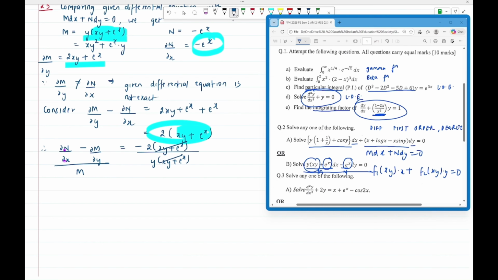So this goes away and we have negative 2 by y, which is a function of y variable only. Since this is a function of y variable only, the integrating factor is going to be e raised to integration of g of y dy, and that is e raised to integral of negative 2 over y dy, which is e raised to minus 2 log y, and therefore the integrating factor is 1 over y squared.